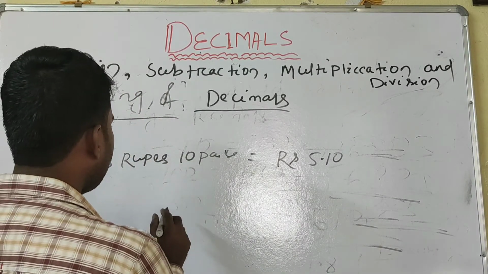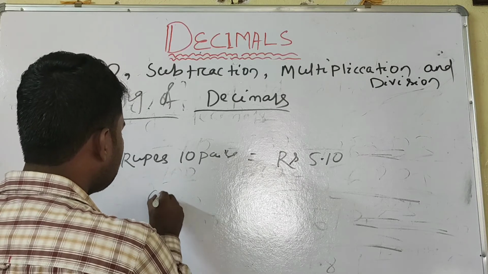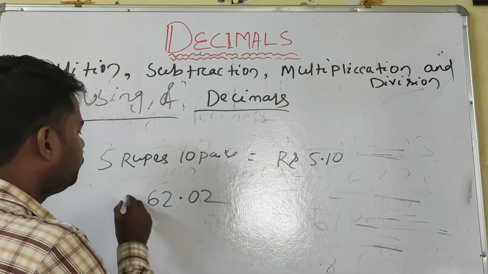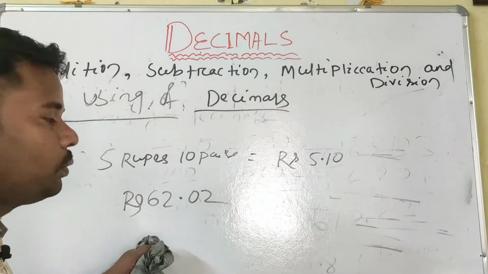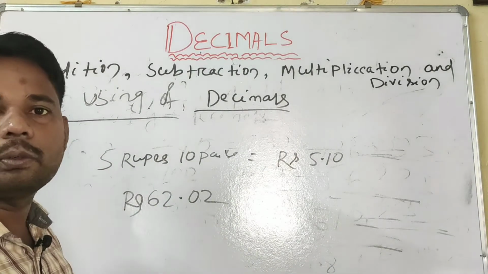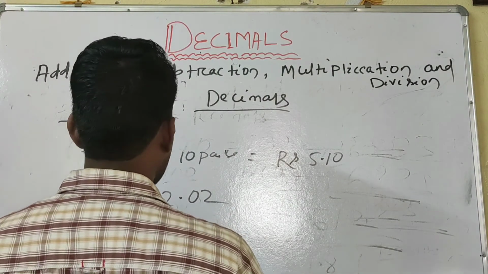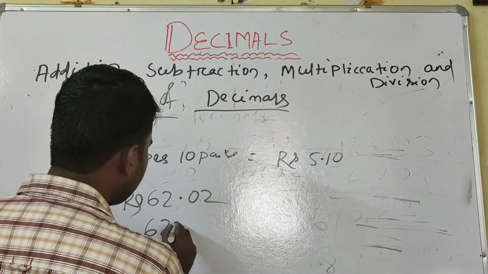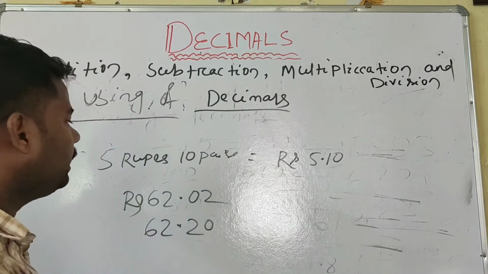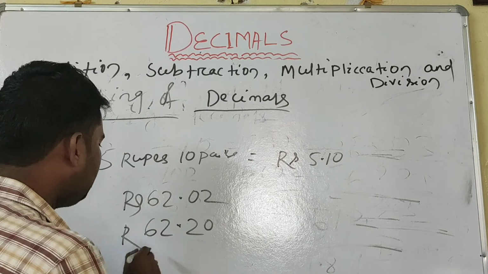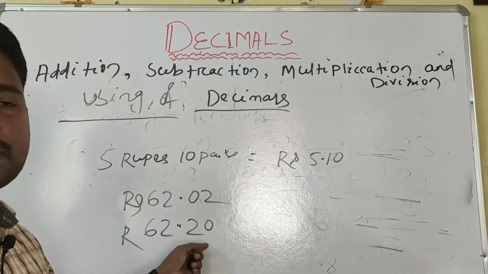Suppose we take 62.02 rupees. That means 62 rupees and 02 paisa, which is only 2 paisa. When we write 62.20, then it will be 62 rupees and 20 paisa. Okay.